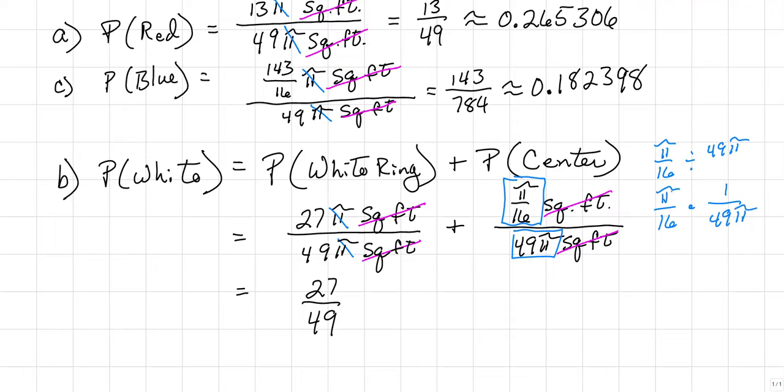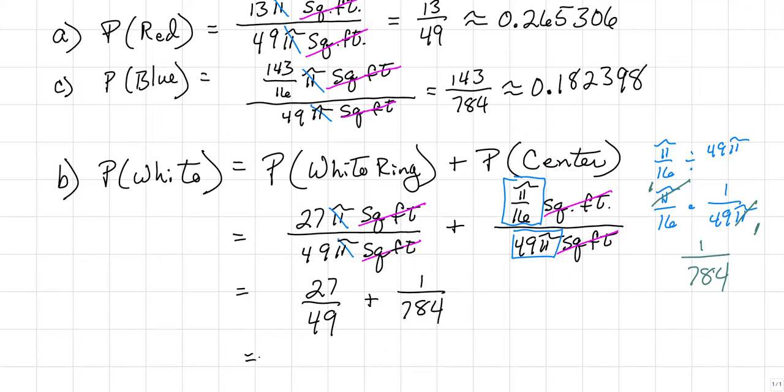And you'll note that in this instance, pi will divide out, and that's 1, and that's 1, which means I have 1 times 1 in the numerator over 16 times 49 in the denominator, which is going to give me 784. And so now I can go ahead and add 1 over 784.